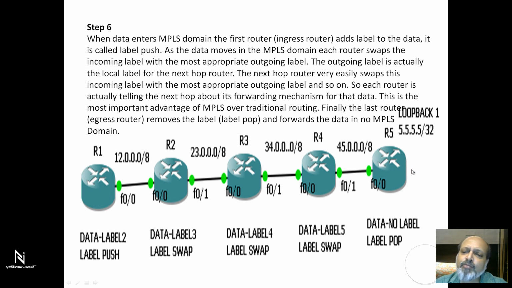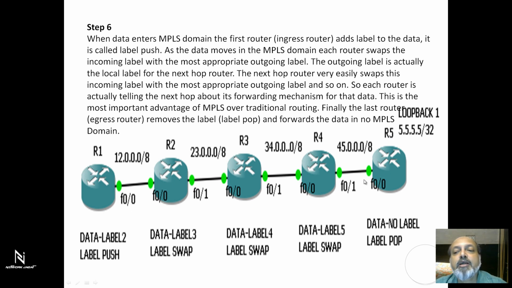There will be other destinations which are connected to R6. Right. So let us assume that the MPLS domain is not up to here. It is still extended up to R6. There is R6 also here, and there are also other networks connected to it. But our destination network 5555 is connected to R5.